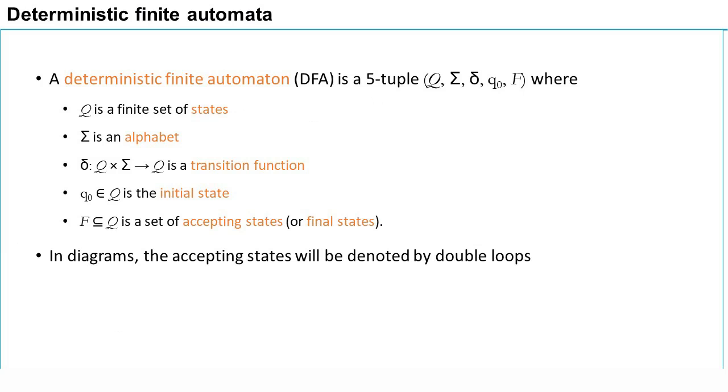A deterministic finite automaton is composed of 5 tuples, where the first one is a finite set of states, second one is the alphabet, third one is the transition function that we obtain, fourth one is the initial state, and fifth one is the set of accepting states or the final states.